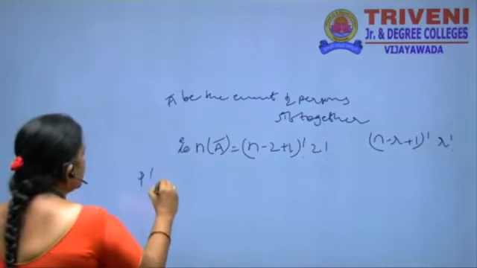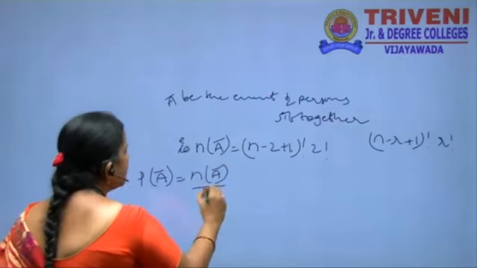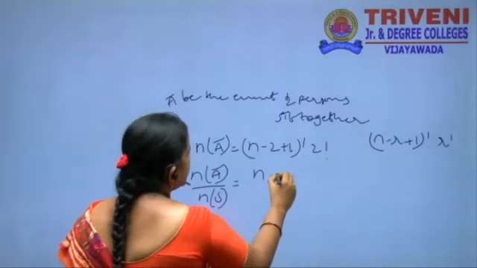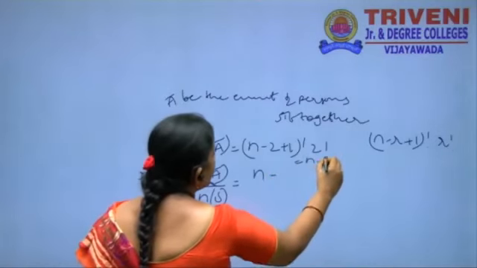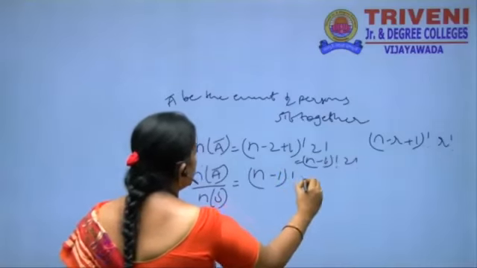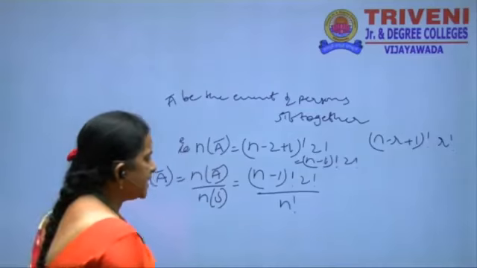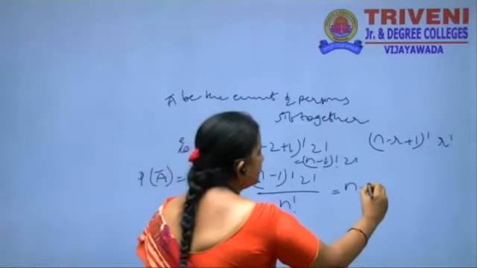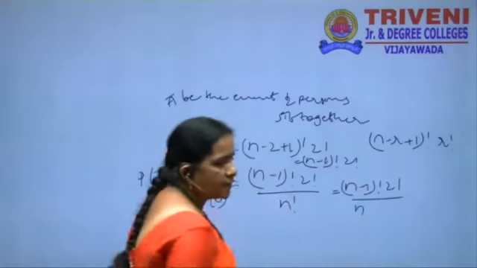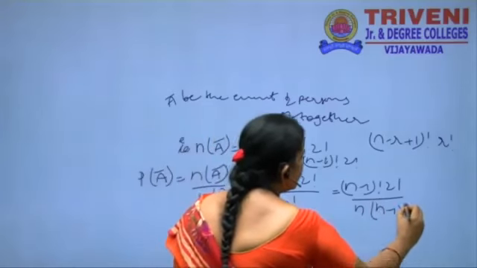P of A bar can be written as n of A bar by n of S. That is equal to n minus 1 factorial into 2 factorial by n factorial. This can be rearranged as n into n minus 1 factorial in the denominator.